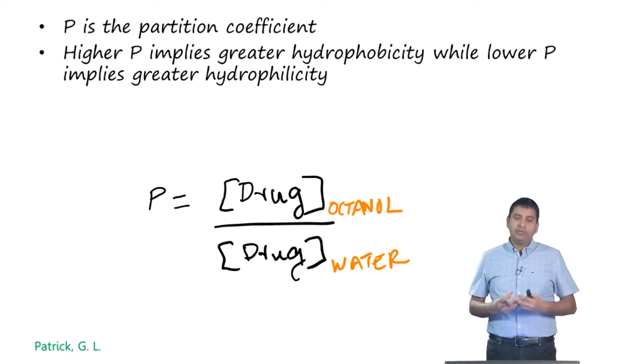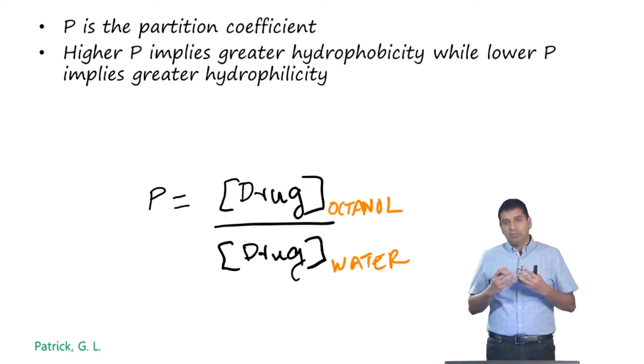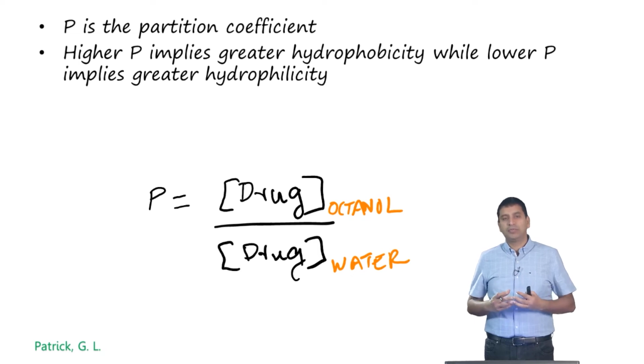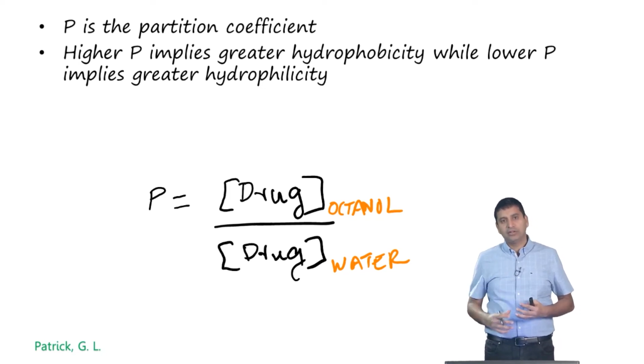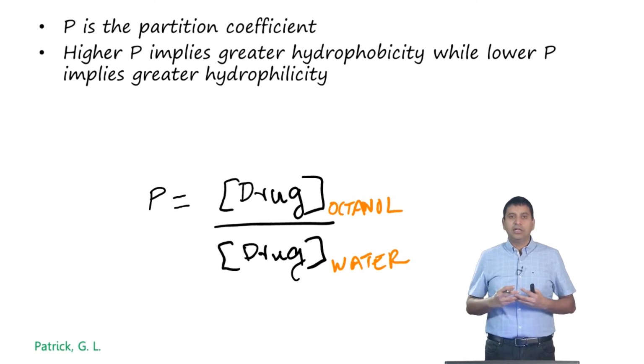Because octanol has 8 carbons in its chain, it implies that the molecule is preferentially binding to octanol, which would suggest greater hydrophobicity. As a corollary, the lower the value, that means the higher the concentration of the drug in water, it would mean that the molecule is more hydrophilic.